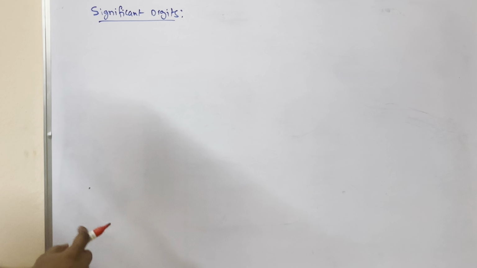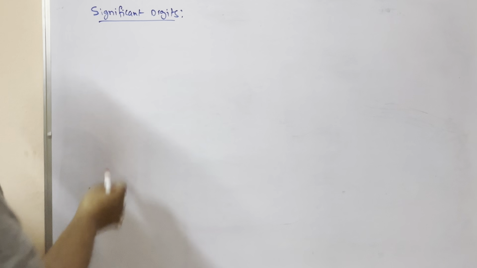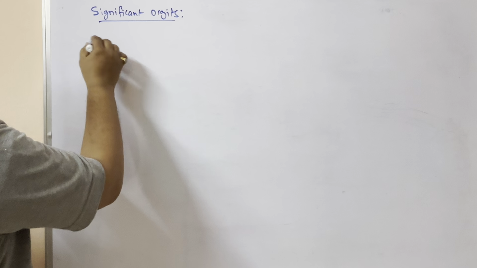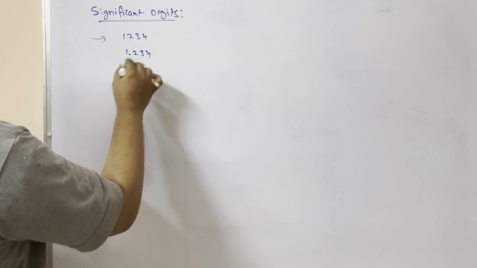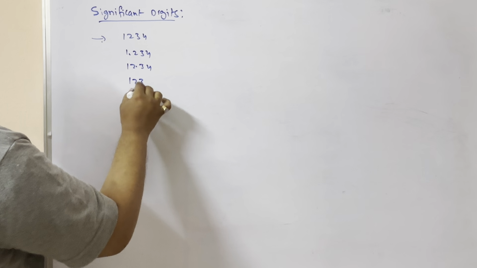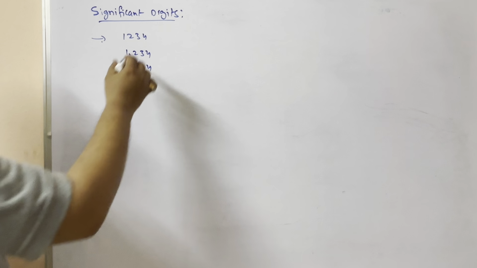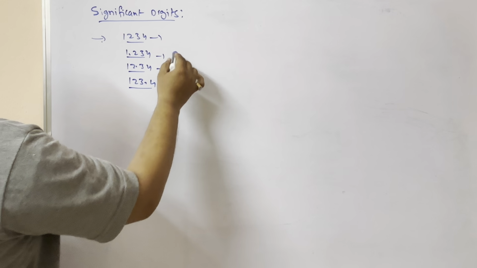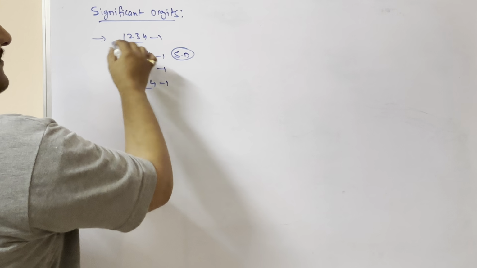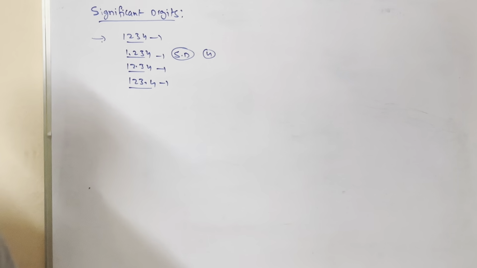For this, with the numbers we are going to follow rules. If you take 1.234, 12.34, 123.4, all are non-zero digits. All non-zero digits irrespective of decimal place are significant. Therefore, among all these, there are 4 significant digits.